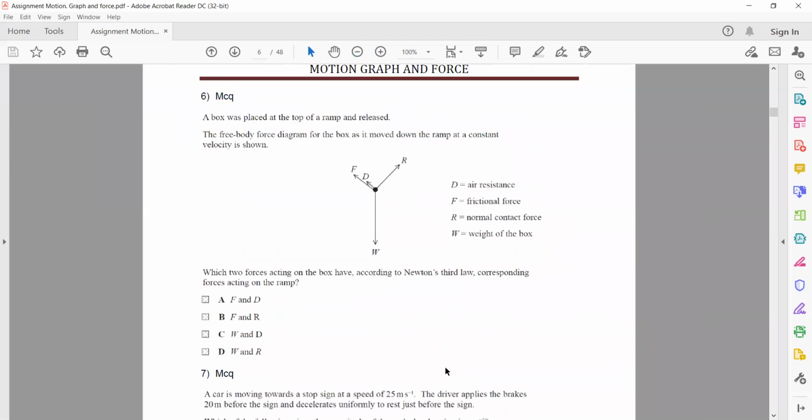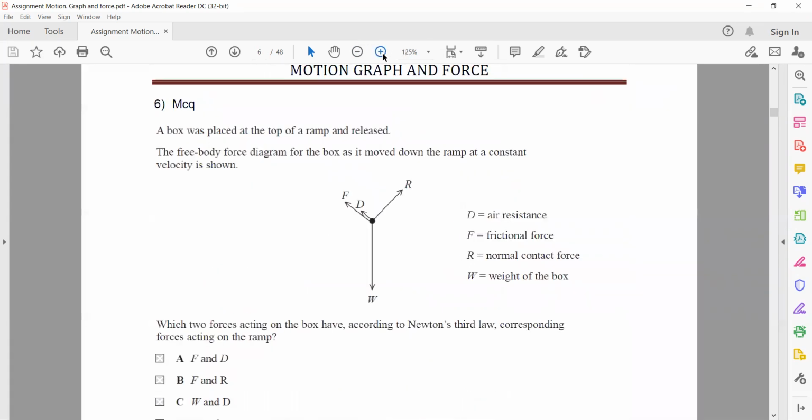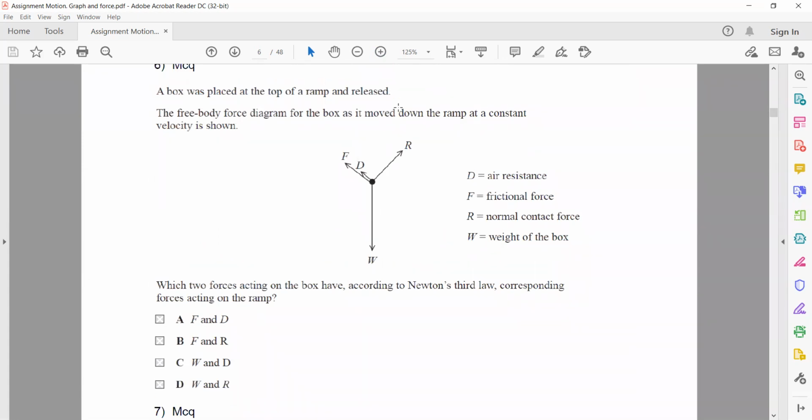In question 6, a box was placed on top of the ramp and is released. The free body force diagram for the box as it moved down on the ramp at a constant velocity is shown. So the box is there on the ramp.